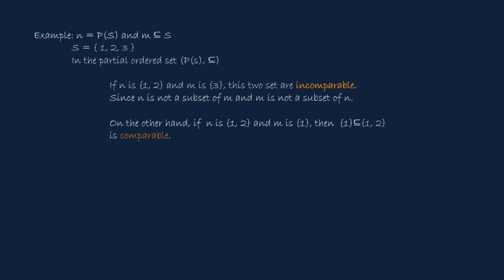On the other hand, if n is a set that contains 1 and 2 and m is a set that contains 1, then the set that contains 1 is a subset of the set that contains 1 and 2, which makes it comparable.